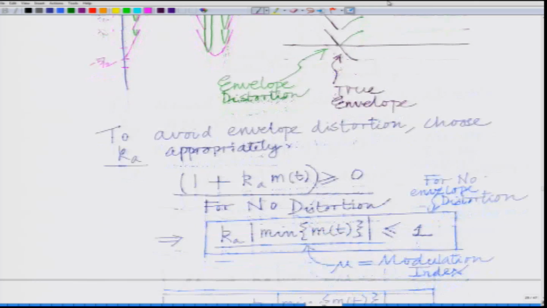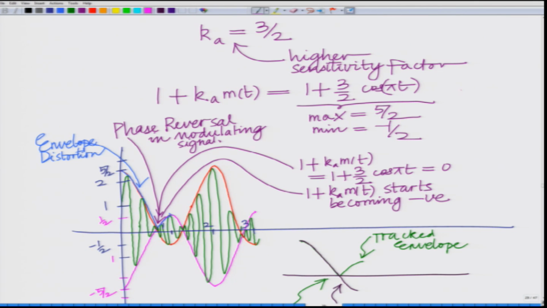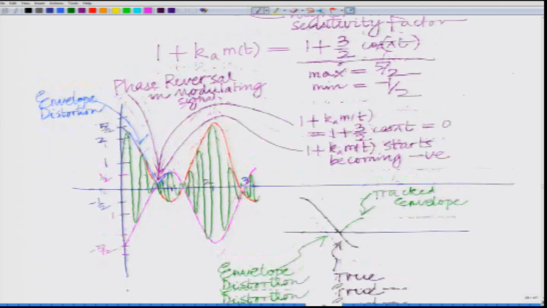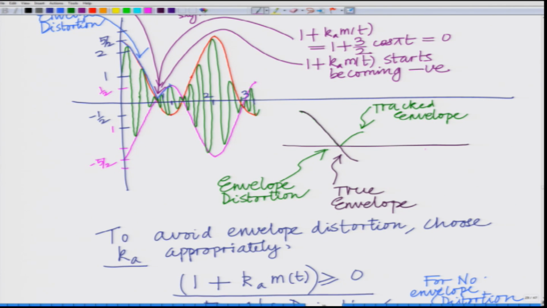However, if you look at the second example, we have Ka equals 3 by 2. Ka times the magnitude of the minimum of Mt equals 3 by 2 into 1, which equals 3 by 2.